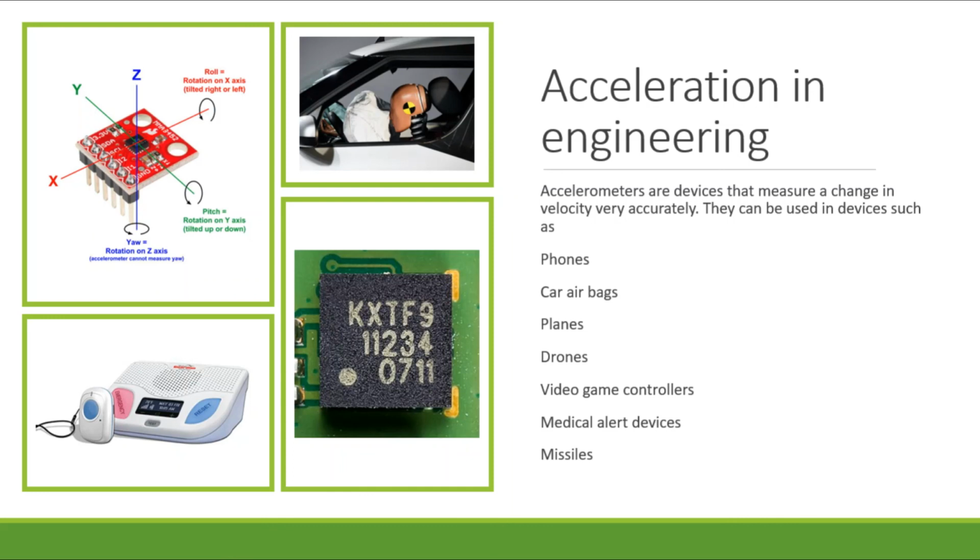Did they drop their bracelet or their medical alert device, or did they actually fall down and need medical assistance? And even missiles need to have accelerometers, so they know where they are positioned in different parts of the atmosphere. So yeah, accelerometers are really useful in all engineering devices and building devices so that you can know what your device is doing in 3 dimensions.